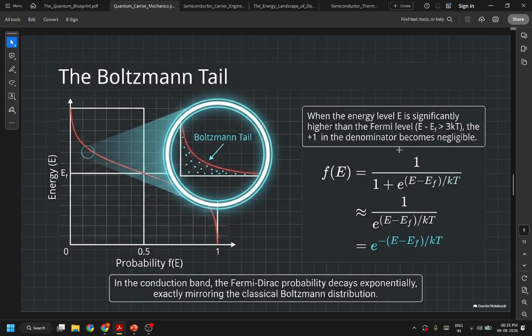So the 1 becomes negligible. So we can just ignore the 1 and write it as 1 upon e to the power (E minus EF) by kT, or take it to the numerator as e to the power minus (E minus EF) by kT. So in the conduction band, the Fermi-Dirac probability decays exponentially, exactly mirroring the classic Boltzmann distribution.